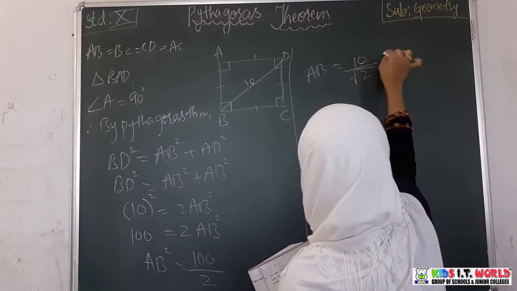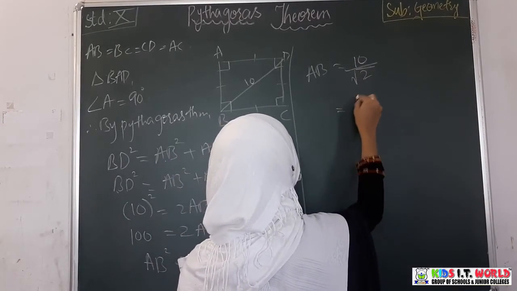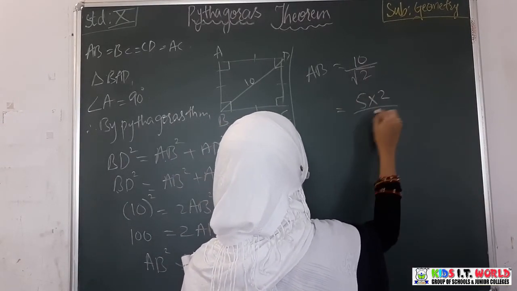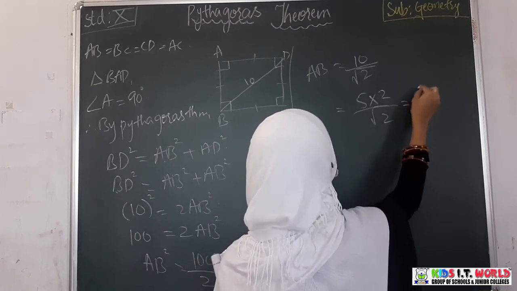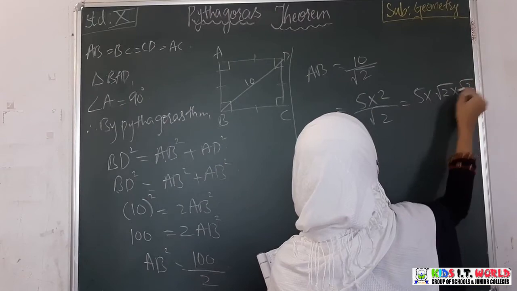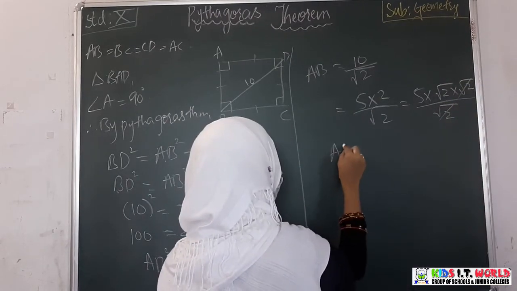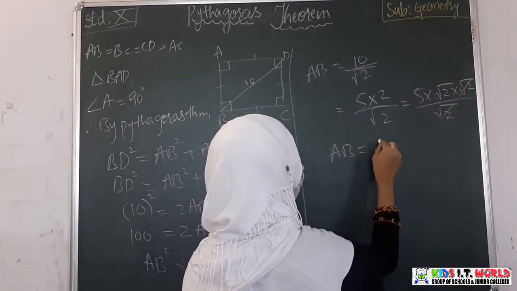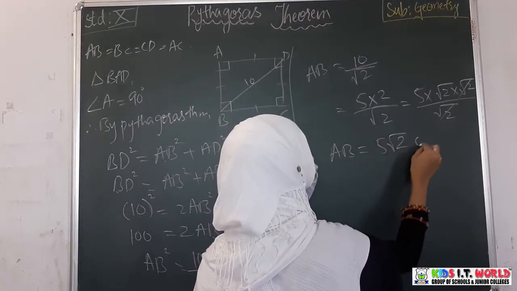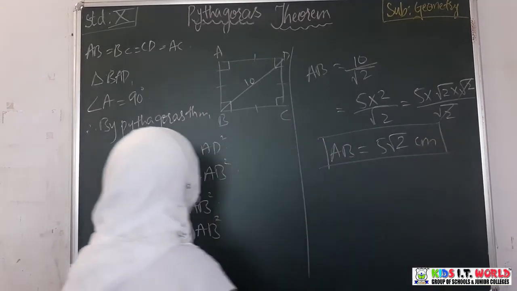Square root of 2 stays as is, so we consider 10 as 5 into 2, that is 10 divided by root 2. 5 into root 2 times root 2 divided by root 2. Root 2 cancels. So the side of the square is 5 root 2 centimeters. Now the perimeter of the square.